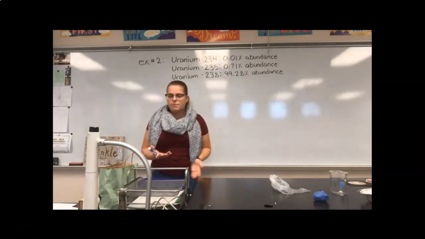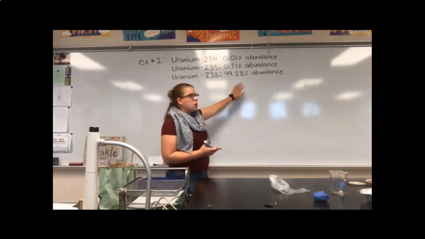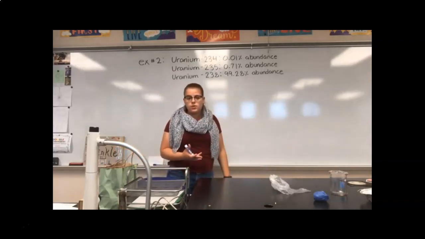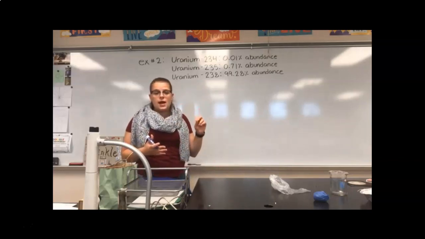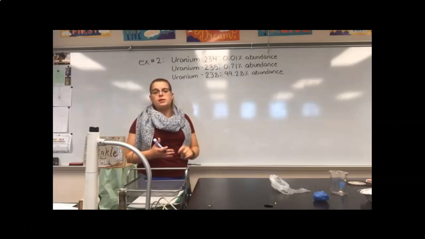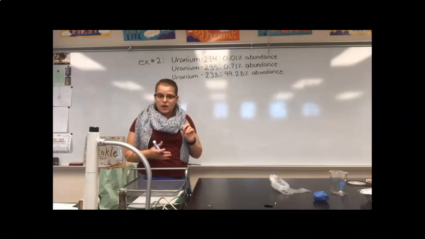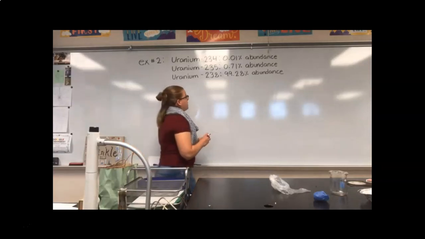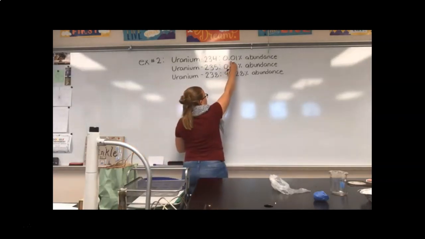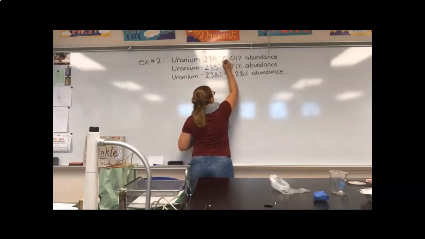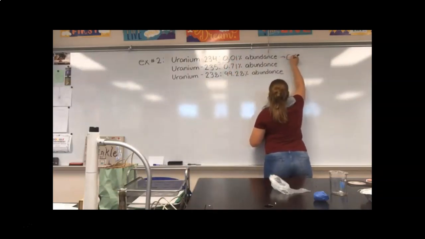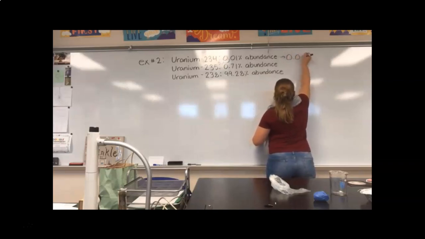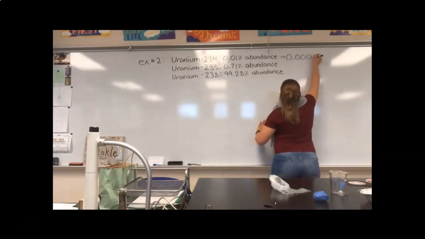Remember, very first step is we have to convert these percentages to decimal numbers. And the way we do that is we move the decimal place 2 times, twice to the left. We want to make the number even smaller. So let's go ahead and do that. For 0.01%, we're going to move it twice to the left. So we're going to get 0.0001.